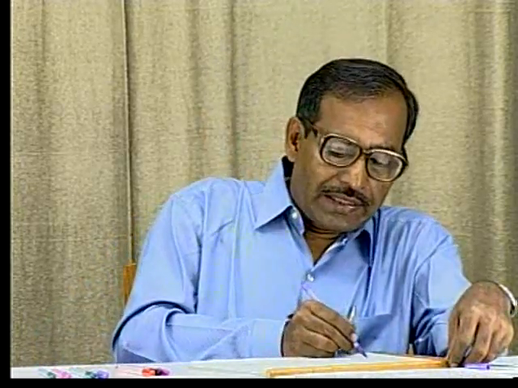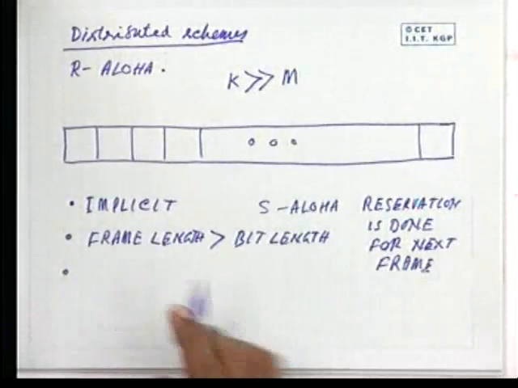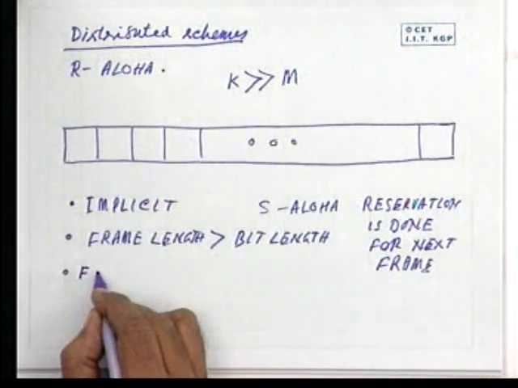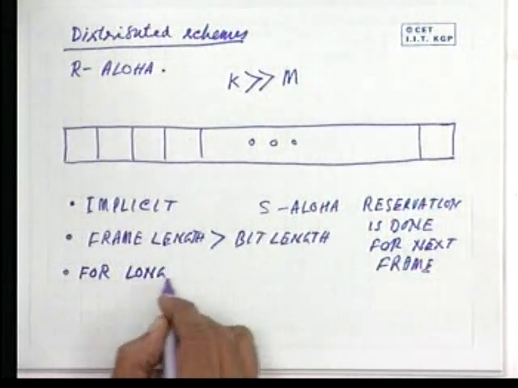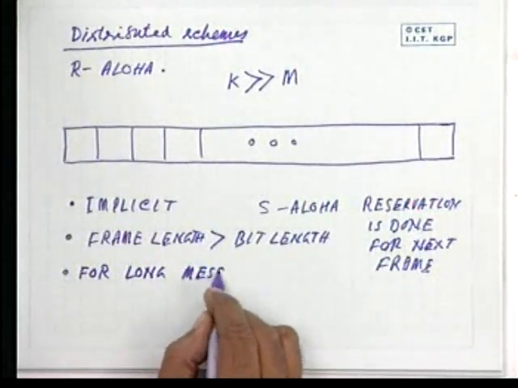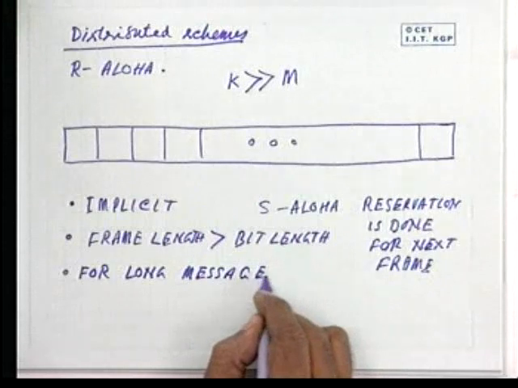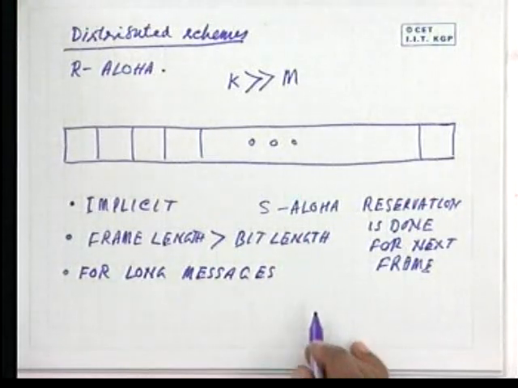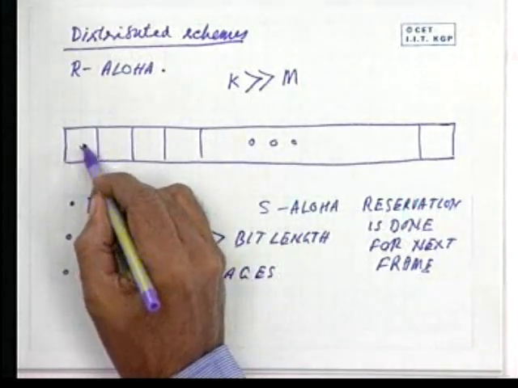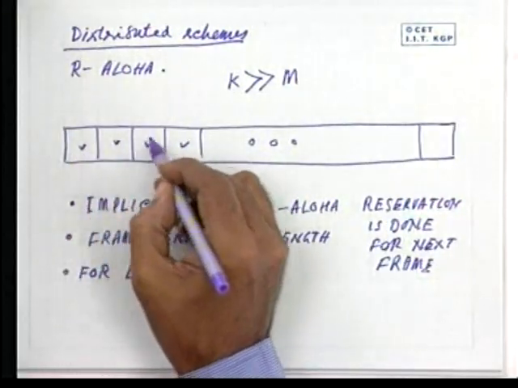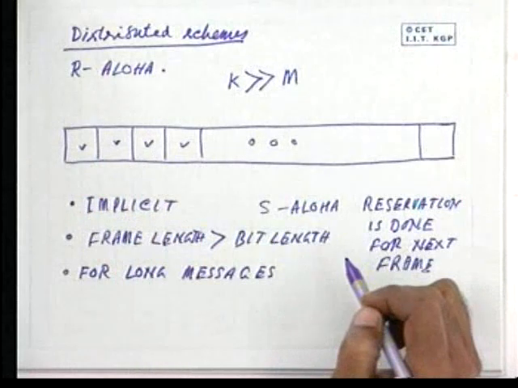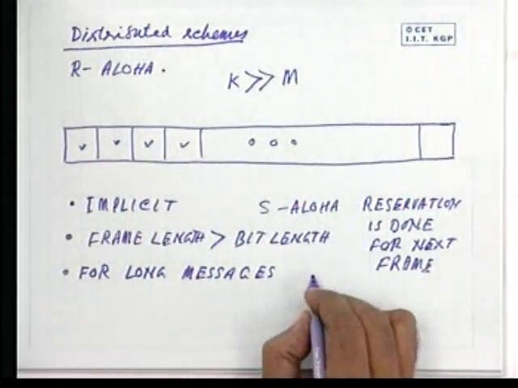Now, whenever you have long messages, each slot more or less gets reserved for different stations, which is equivalent to TDMA.